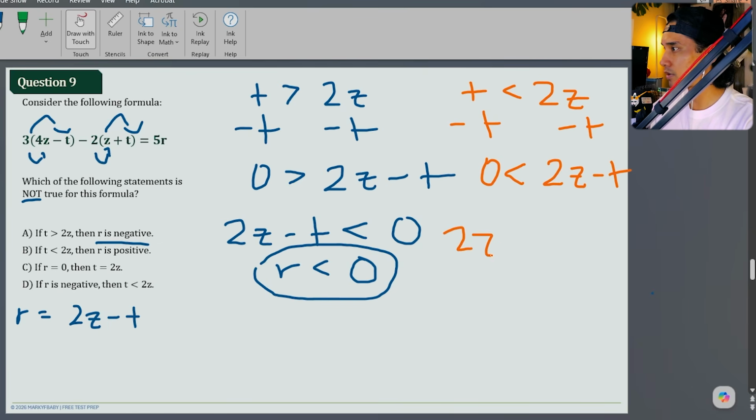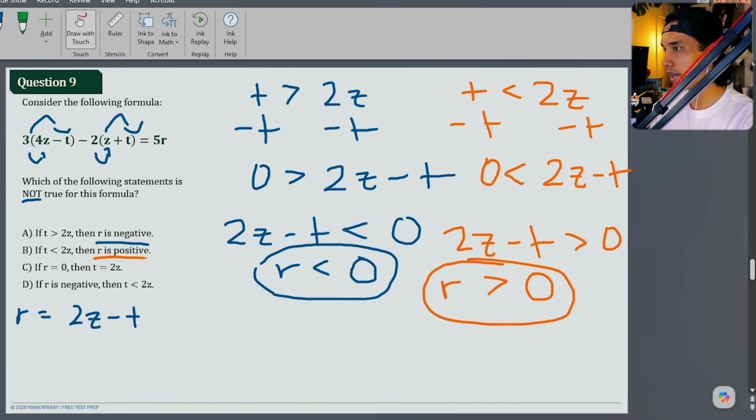So I go 2z minus t and then 0, less than 0. And then, actually, no, sorry. When you switch it, you have to switch the inequality too as well. And then I could replace this 2z minus t with r, giving me r greater than 0.